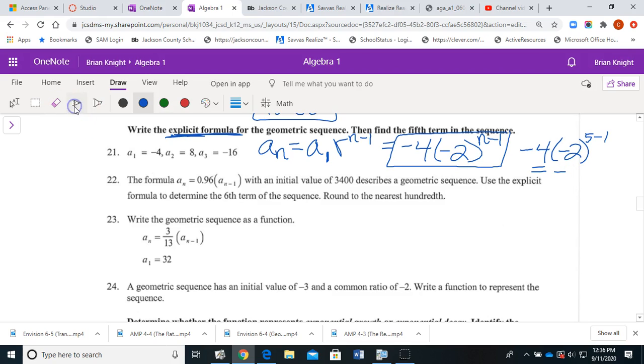It should be negative 64. Okay? You could have also just multiplied negative 16 times negative 2 and multiplied that answer times negative 2 and got your 5th term. But I think they're kind of wanting us to use the formula. All right? Everybody good?